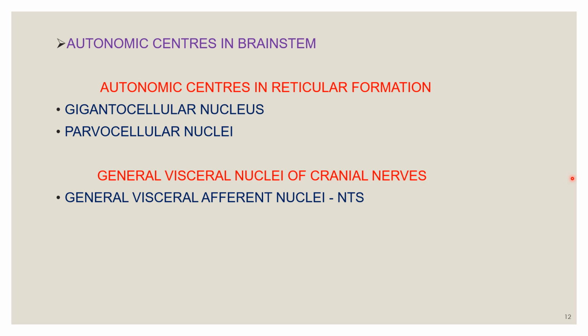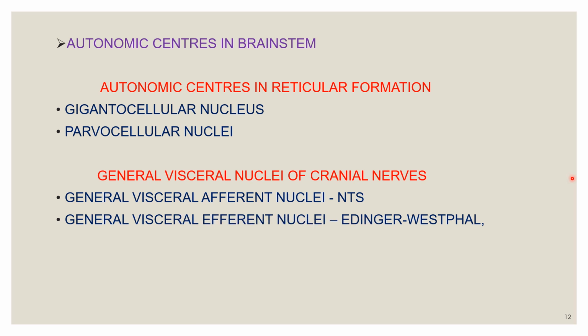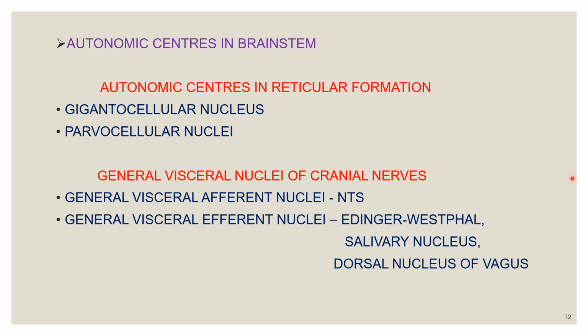We have general visceral afferent nuclei, and in the Edinger-Westphal nucleus we have a general visceral efferent nucleus, and also in the salivary nucleus we have a general visceral efferent nucleus, and the dorsal nucleus of vagus is also having general visceral efferent nuclei. So autonomic centers in the brainstem are present in the reticular formation in the form of gigantocellular nucleus and parvocellular nuclei, and in the form of general visceral nuclei of the cranial nerves.